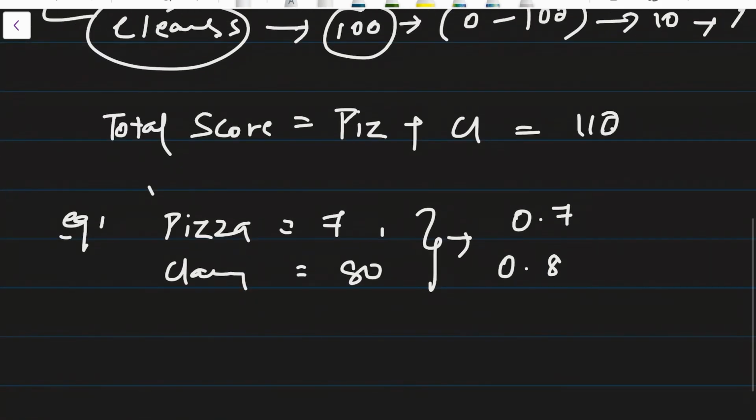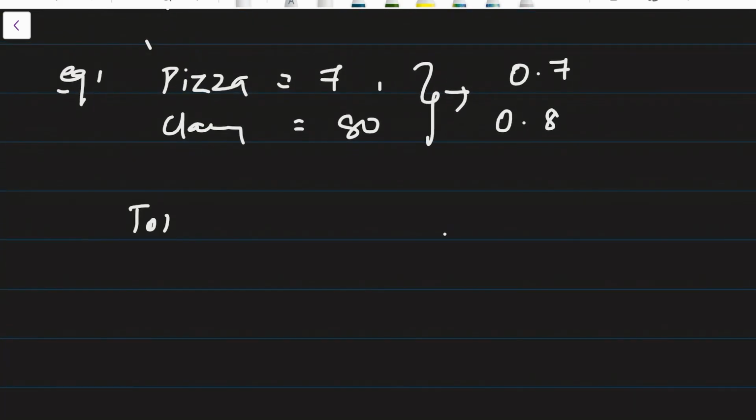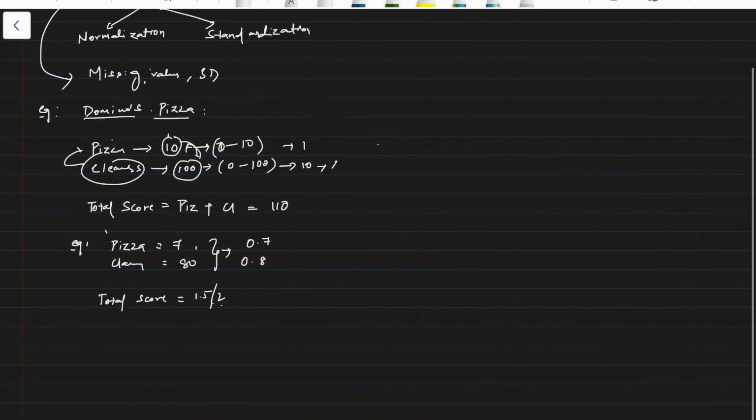Now the total score will be 1.5 out of 2, right? Now it is a better scaling, because the importance of pizza and cleanliness are both preserved. This is known as feature scaling. Then what is meant by normalization and standardization? Let's discuss.